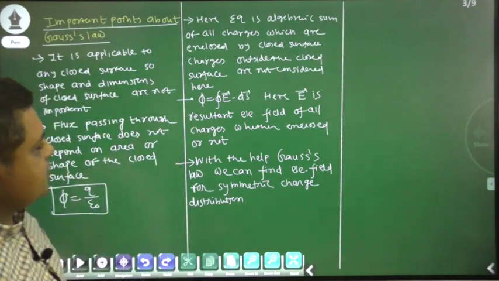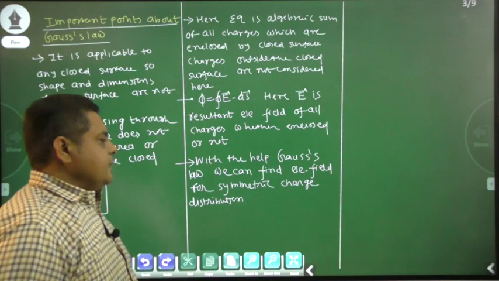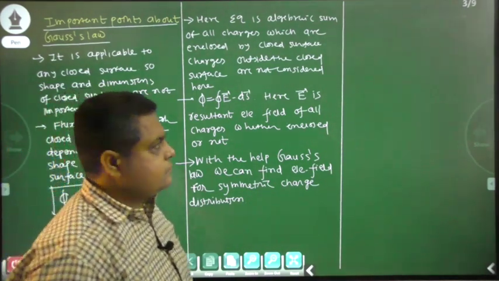If we are given a symmetric charge distribution, then we can find electric field. Okay.